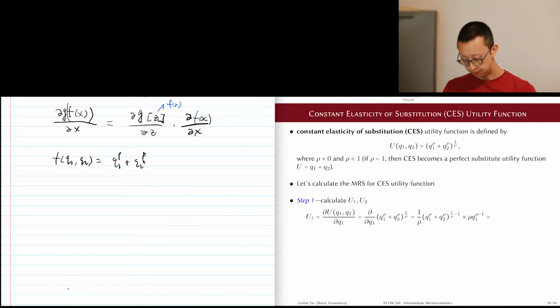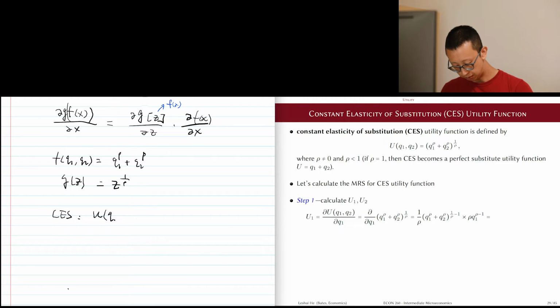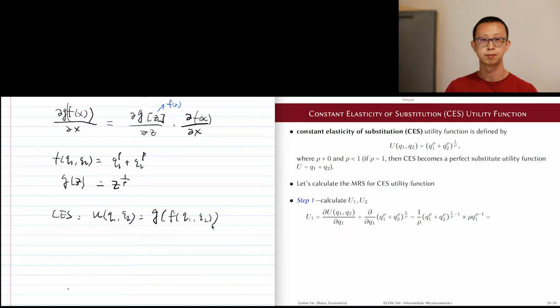The outside layer, g of z, simply raises whatever comes into this function to the power of 1 over rho. So our CES utility function can be written as a combination of these two functions: g wrapped around f of Q1 and Q2.